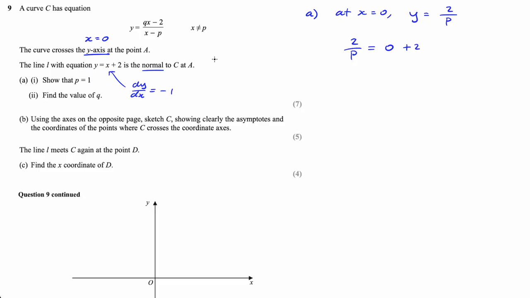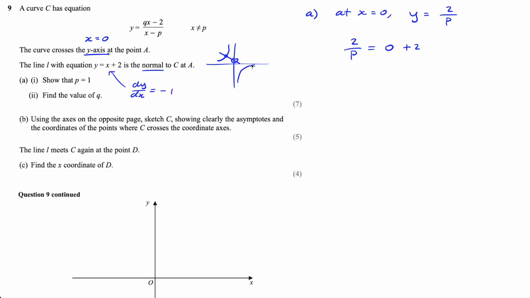Because if it's normal here, the graph might look something like this. So let's say the normal to the graph is something like this. So there, that means it's touching at that point. So the y coordinate of the line and the graph have to be equal.